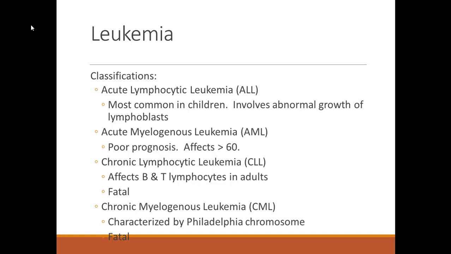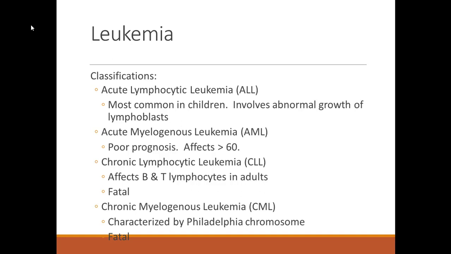So you can see why the prognosis is poor, because if my symptoms are flu-like symptoms, weight loss, fatigue, fever, night sweats, loss of appetite, those are pretty generic. So once I finally go in to have that checked out, you can see how far advanced the leukemia would have to be.